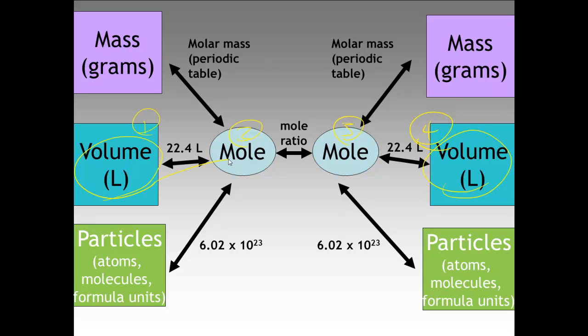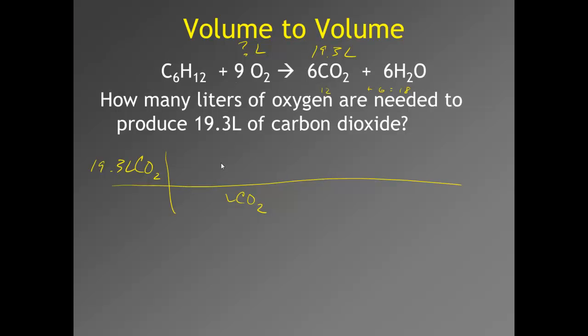So moles of CO2, diagonal down, same units, moles of CO2. Now, this is my mole ratio step. I change it into moles of what I'm looking for, moles of oxygen, diagonal down, same units, moles of oxygen. And lastly, whatever I'm looking for goes in the top box, which is liters of oxygen.